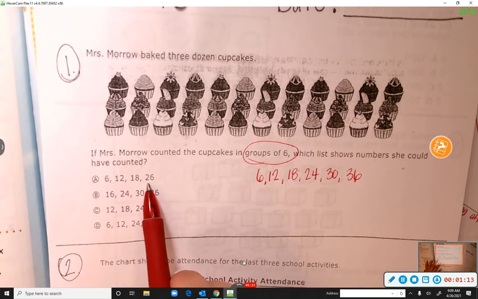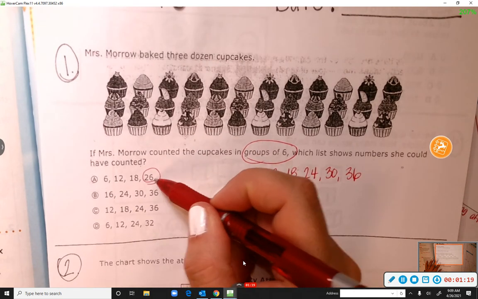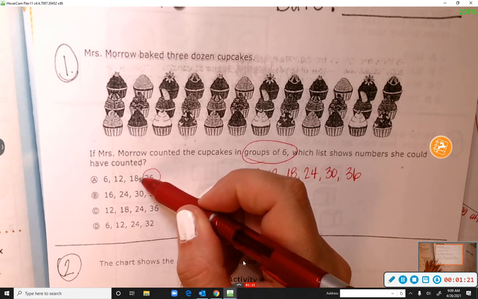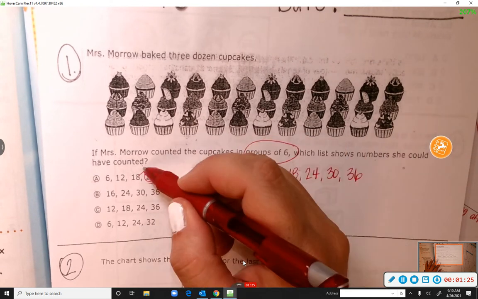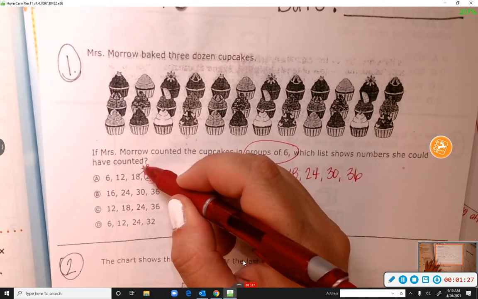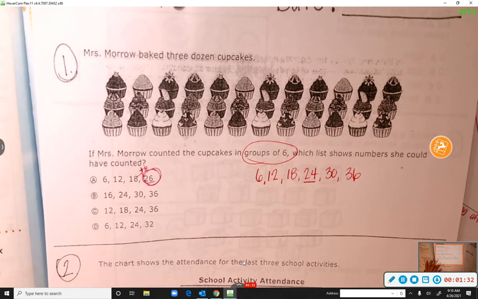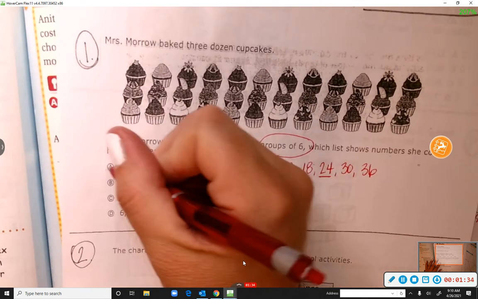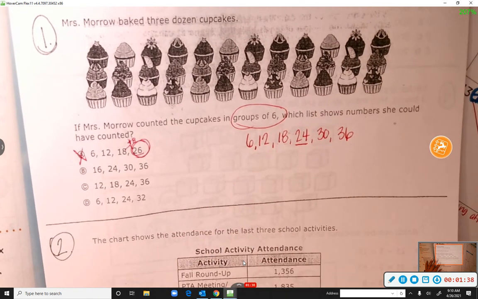What was wrong with A? It has 26 in. Good. So that's not adding 6 from 18 to 26. That's adding 8. And 26 also is not a multiple of 6. So it can't be A. B. What's wrong with B?